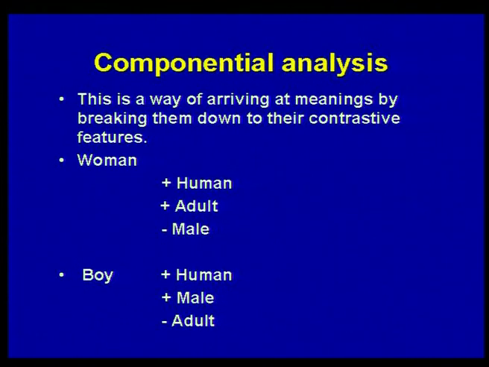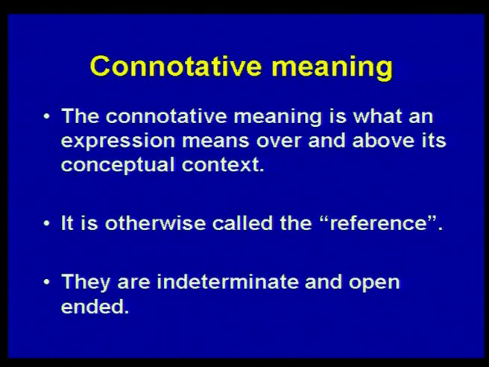As you find on your screen, the word woman can be looked at as being plus human, plus adult and minus male, whereas a word like boy can be plus human, plus male and minus adult. As contrasted to denotative meaning, connotative meaning is what an expression means over and above its conceptual content. It is otherwise called the reference.